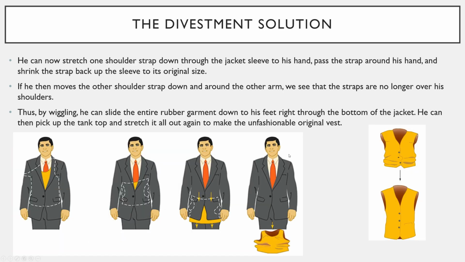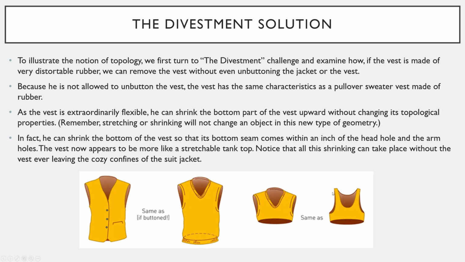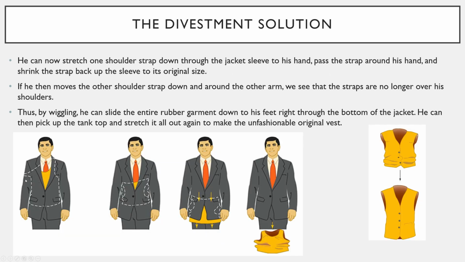He can now stretch one shoulder strap down through the original jacket sleeve to his hand. He can press the strap around the hand. Basically, he takes this sleeve we have right here, pulls it down, and when he gets down, he wraps the top part around his hand and pulls it back up.